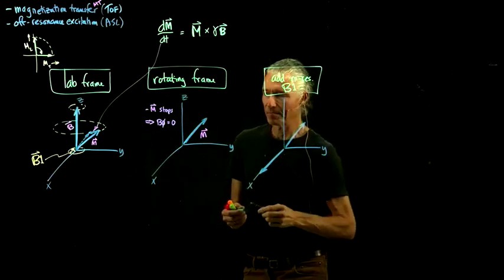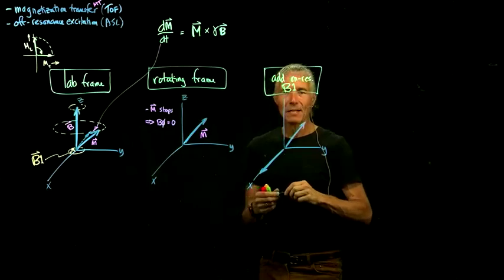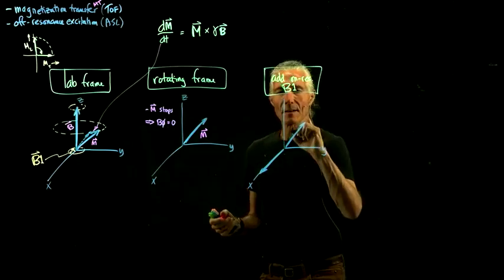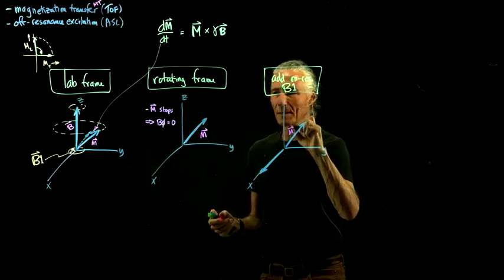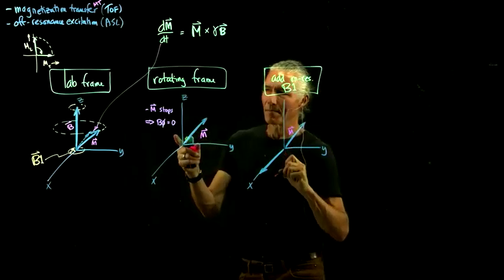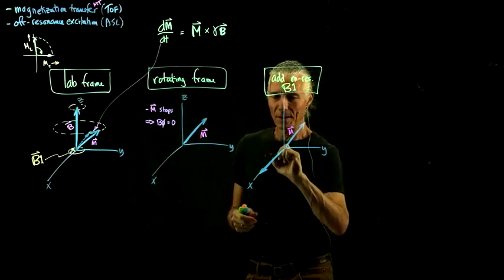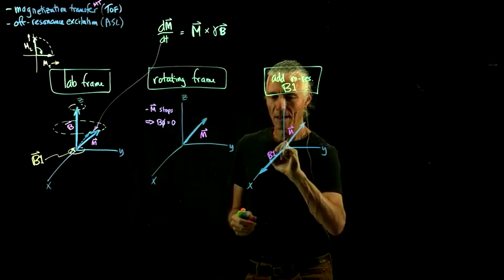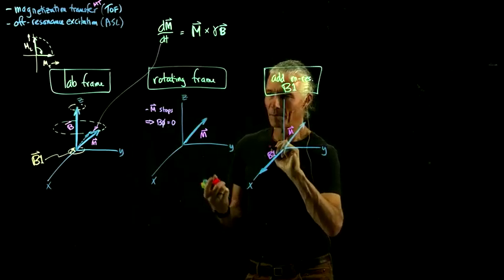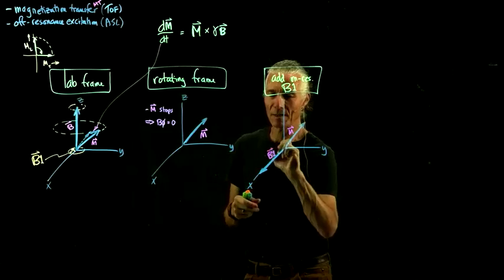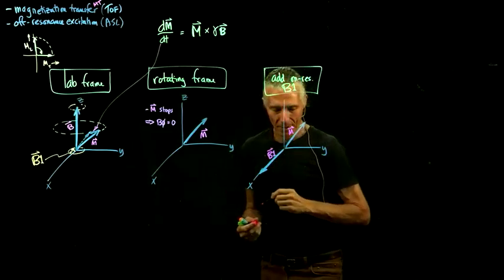So there's the x-axis. Here's our M, stopped because we are rotating at the same speed as the M, and here's the B1. It's actually just the B because the B0 is 0. So here's the B1 vector, also stopped.